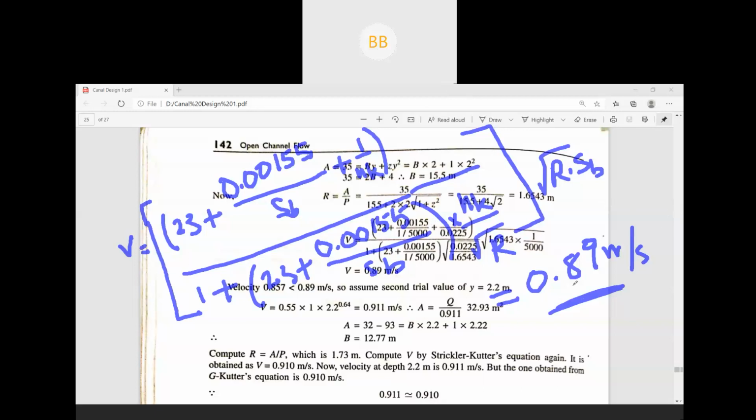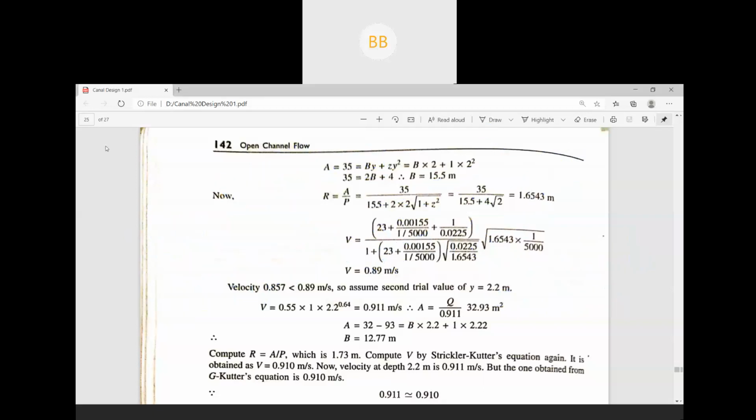Getting the same value, 0.89 meter per second. So once you solve that velocity equation, you are getting the velocity as 0.89 meter per second.